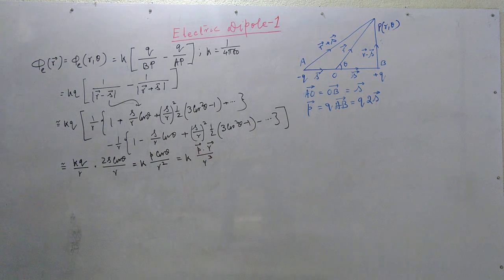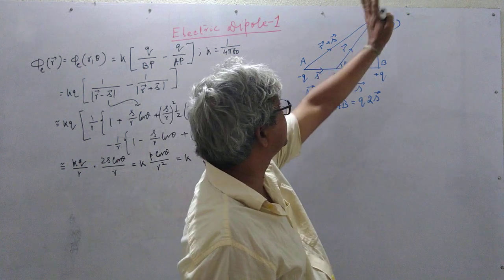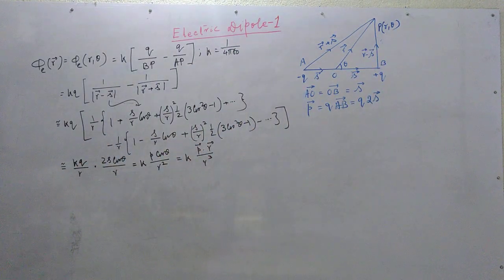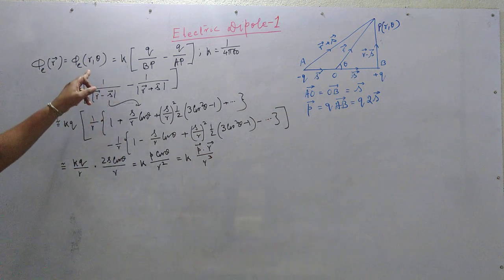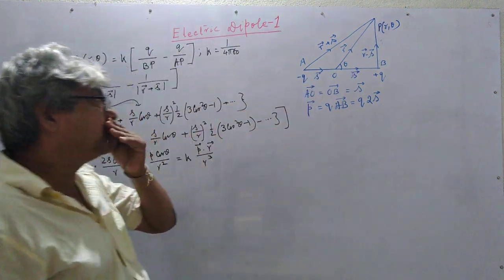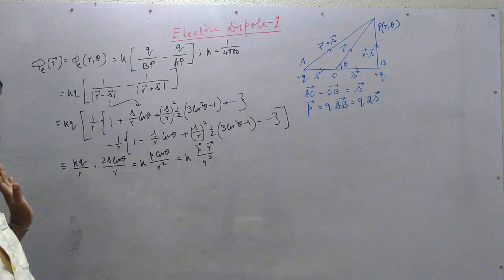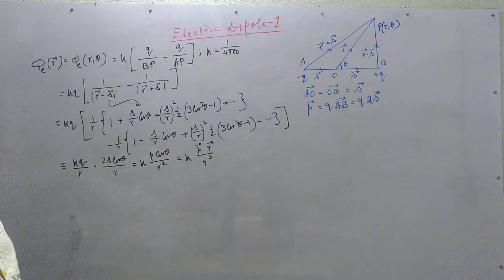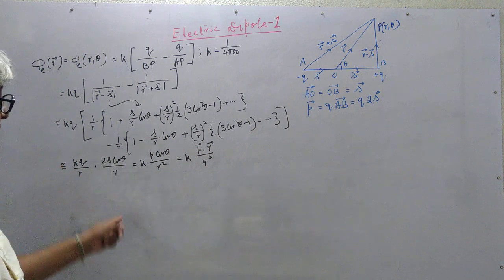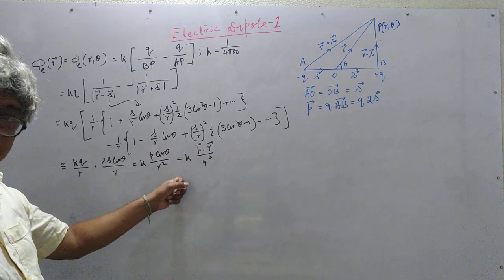So the potential at point P, which is at a distance r from the center of the dipole, is given by this. Another thing, if we think of the potential from the point of view of multipole expansion, this is a system with total charge 0. So there should be no monopole term, and if we expand the potential in a multipole expansion, the first non-vanishing term is the dipole term, which is this.